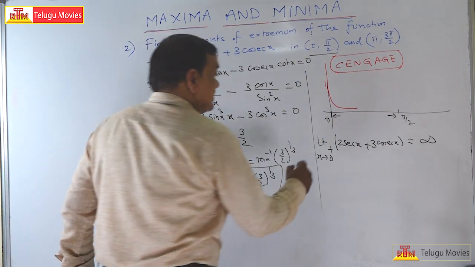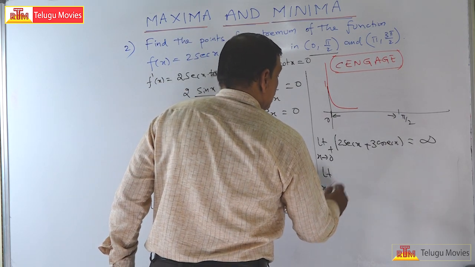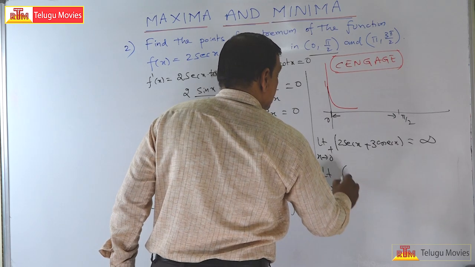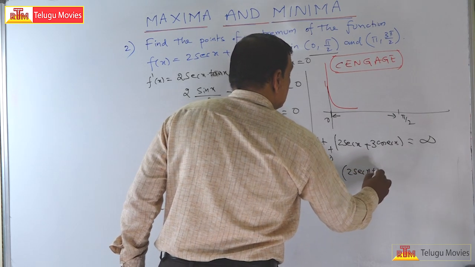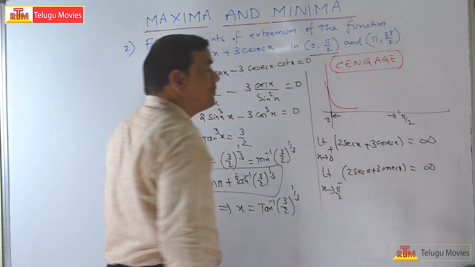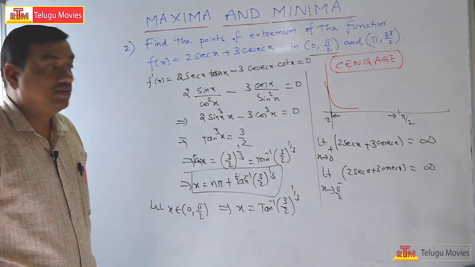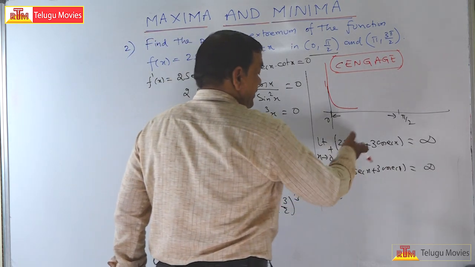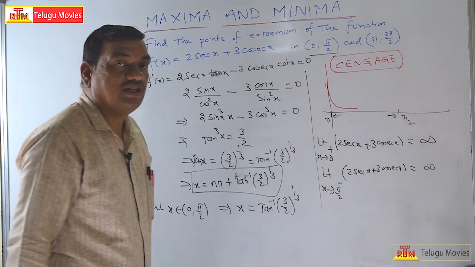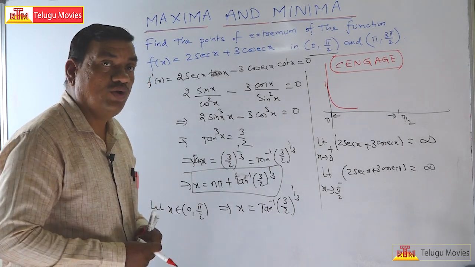Now the left hand side limit, x tends to pi by 2 minus, 2 secant x plus 3 cosecant x also approaches plus infinity. That means as you approach pi by 2, the value approaches plus infinity.